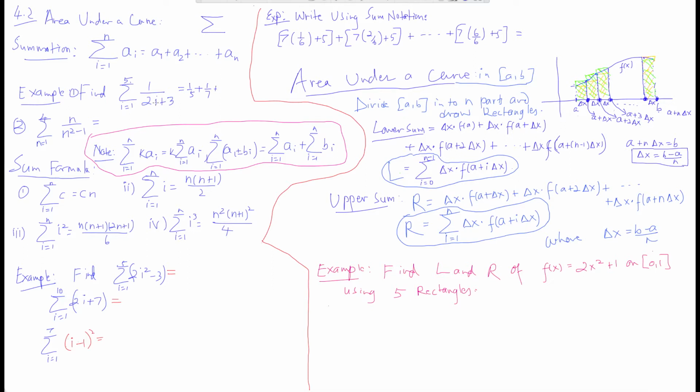For 3 we get 1 over 9, for 4 we get 1 over 11, and for 5 we get 1 over 13. If you use a calculator to find the sum, the total is 0.6218.